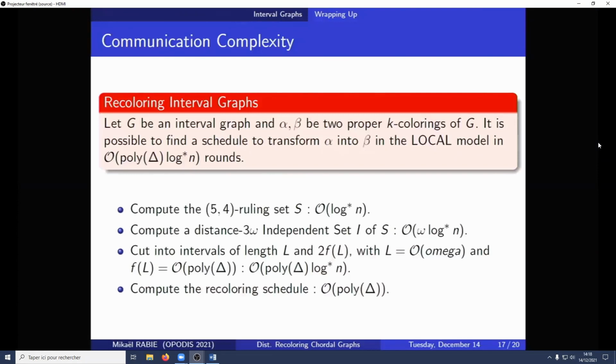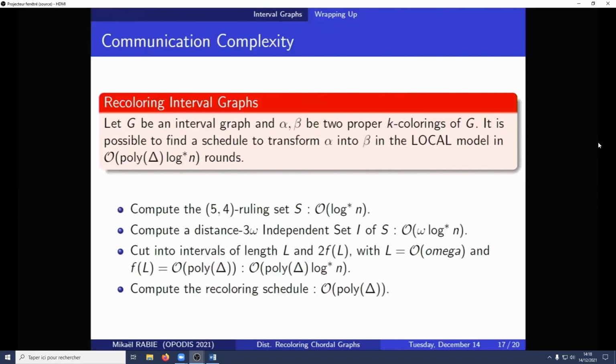Then L, we need it to be linear in delta. And we can prove that f of L will be linear in omega for L polynomial in delta. And this is why we need poly delta times log star of n rounds to compute those intervals of size L with f of L available space in between.